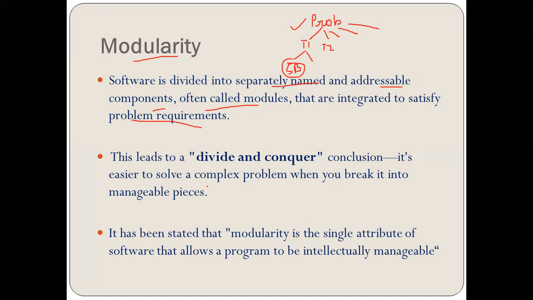It's easier to solve a complex problem when you break it into manageable pieces. We are already aware of the term divide and conquer. It is used when we have a bigger problem which is not easy to solve, so we break it into small, manageable problems which can be provided with a solution, and then we integrate them to provide a complete solution.